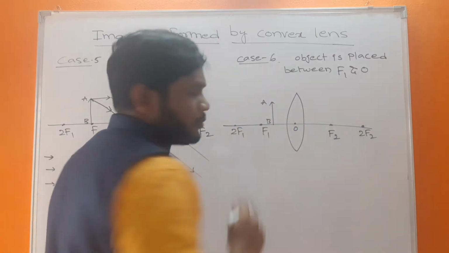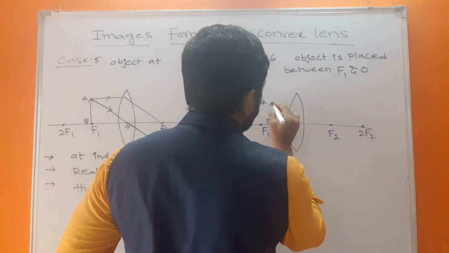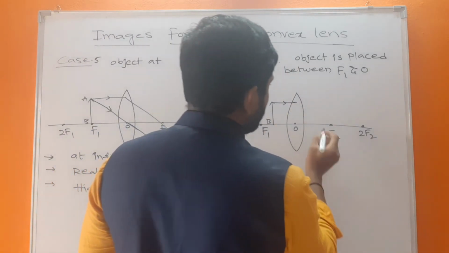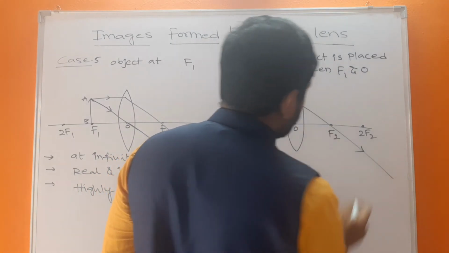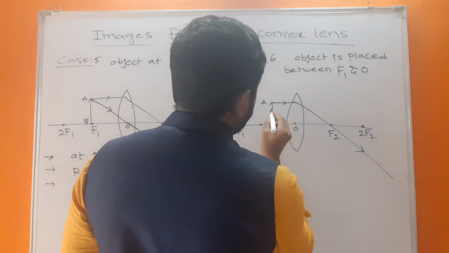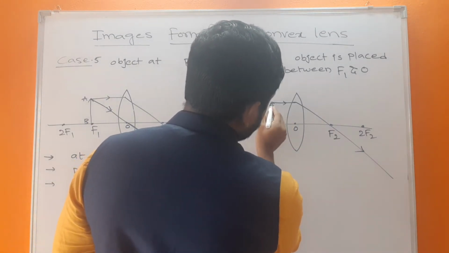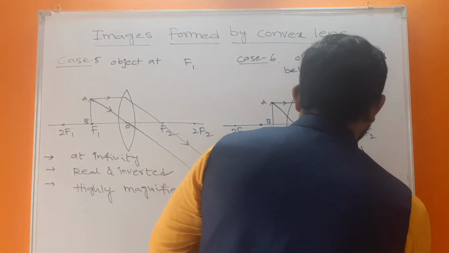Object AB is placed between F1 and O, the optic center. Here we can see an incident ray which is parallel to the principal axis, so that it passes through the focus. And another ray which I am taking is passing through the optic center.